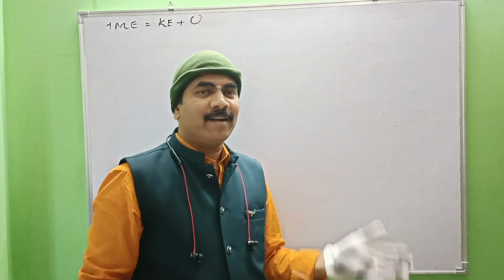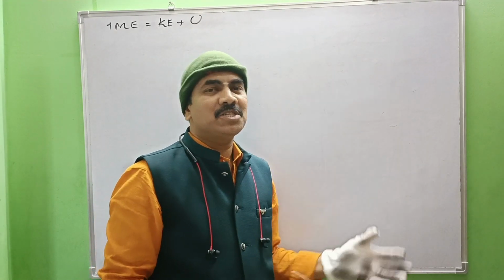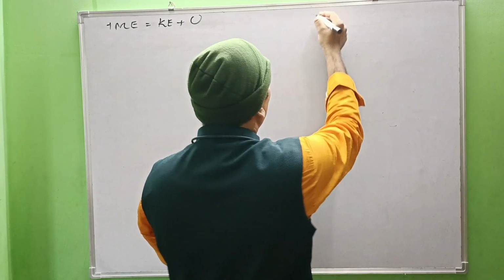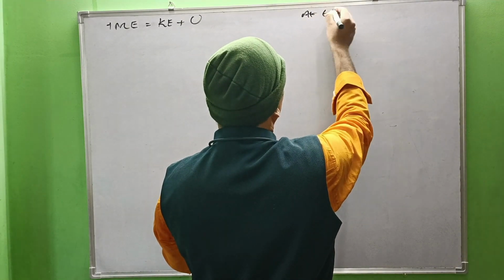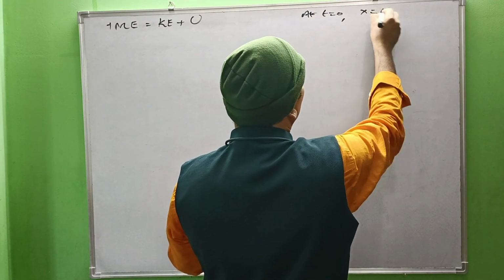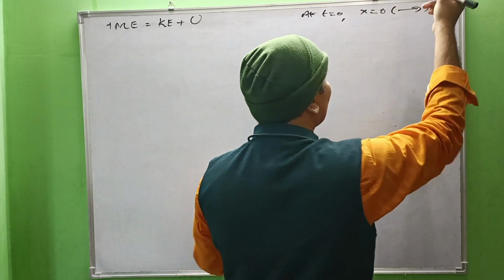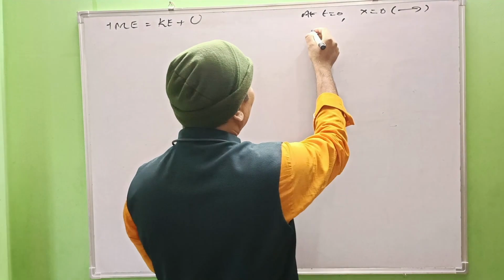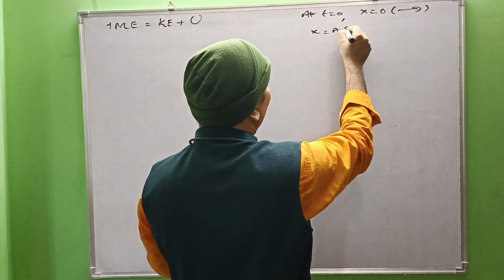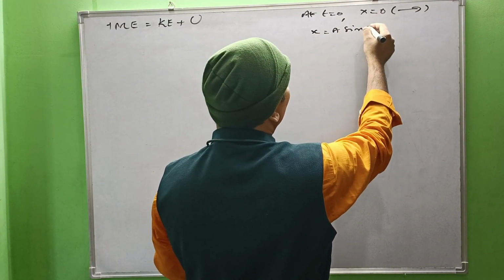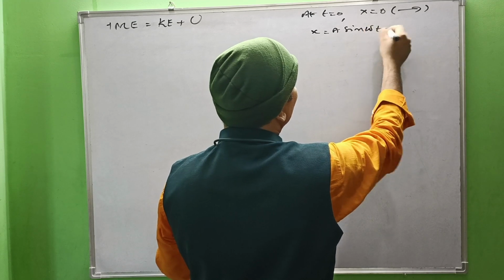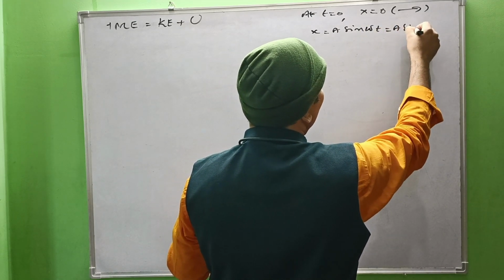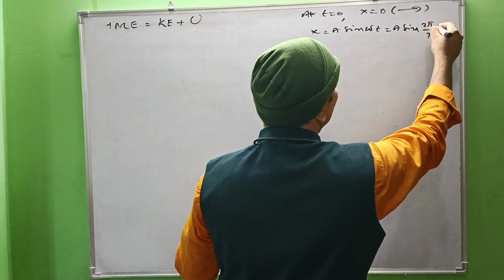At t equal to 0, if it passes through the mean position, that is x equal to 0, moving in the positive x direction, then what is the valid equation for x? That is x equal to a sin omega t, where omega t is 2 pi by capital T into small t.